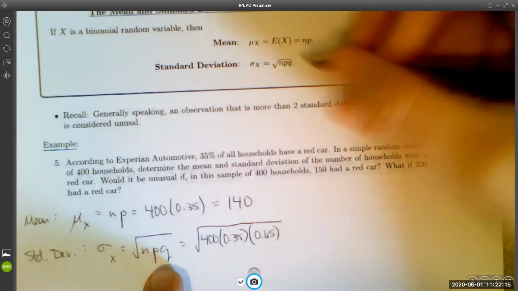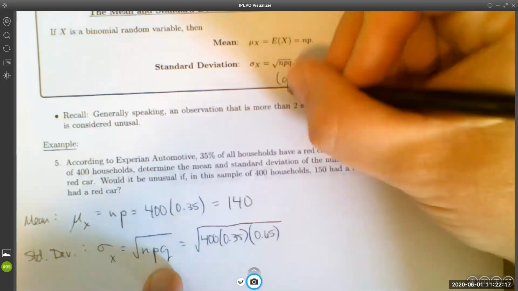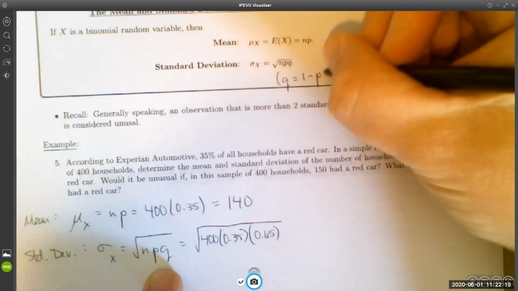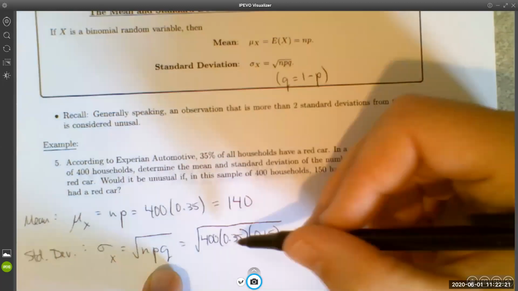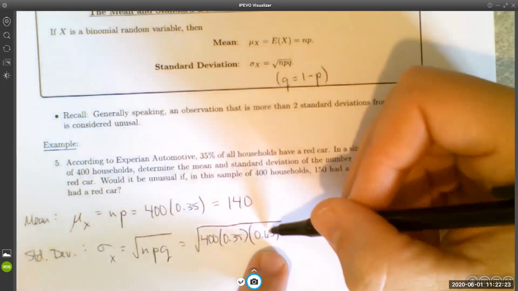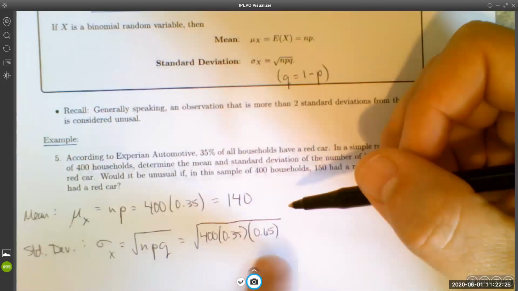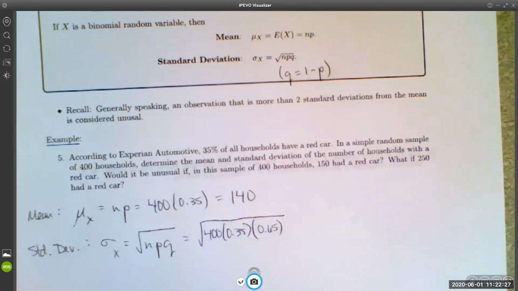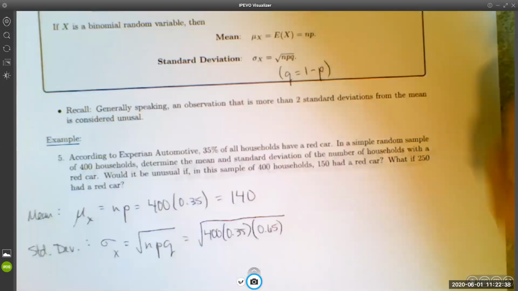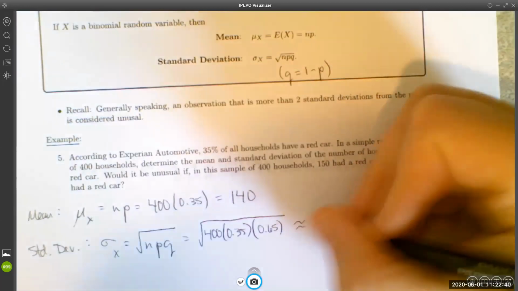So q is 1 minus p. So if p is 0.35, 1 minus 0.35 is 0.65, and that's how we get q. Let's see what we get when we punch this into our calculator. Square root of 400 times 0.35 times 0.65 is about 9.5. I'll just round it to 1 decimal place. Say it's about 9.5.